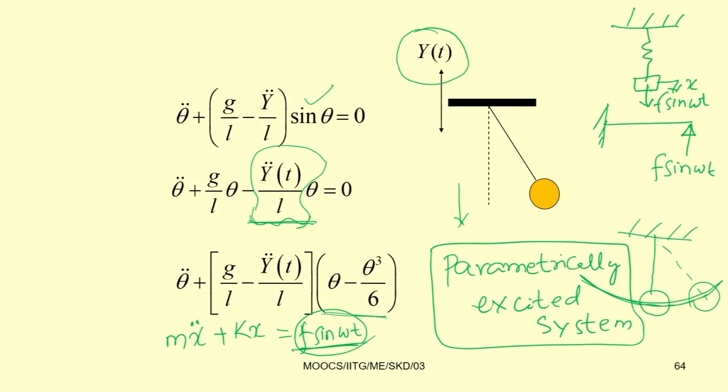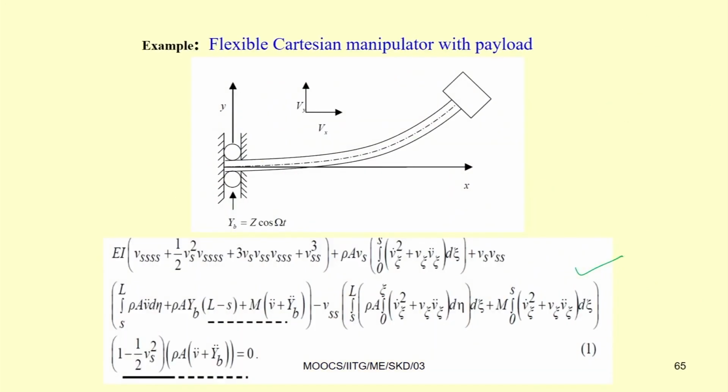Here sin theta can be written as theta minus theta cube by 6 and the governing equation will be nonlinear. Similarly, for a base excited cantilever beam, we can get an equation similar to this. These types of equations we will study later in detail, how to derive them and how to solve them. This is the course material of this course, nonlinear vibration.